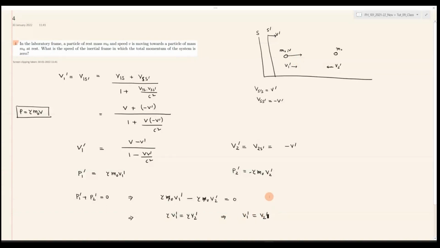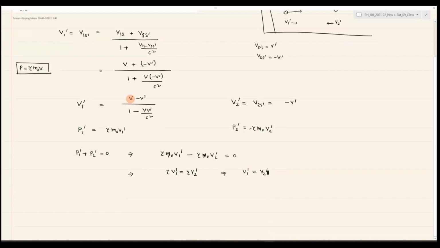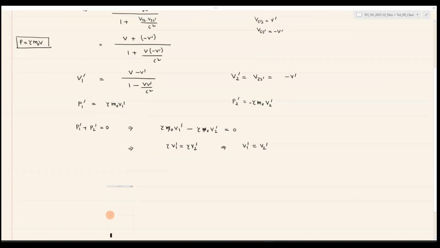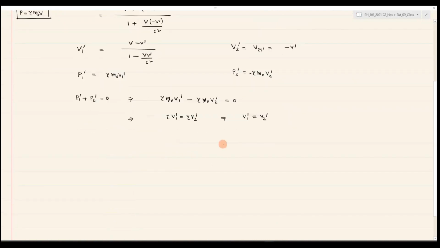Now you substitute from the velocity addition formula these two, and finally it will look like v minus v prime is equal to v prime minus v by c square.